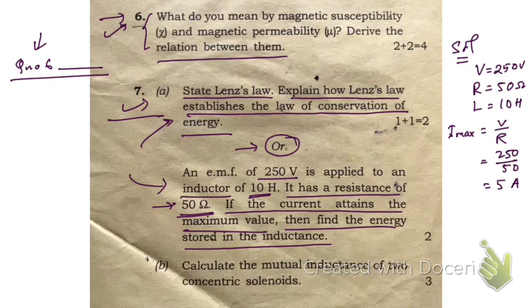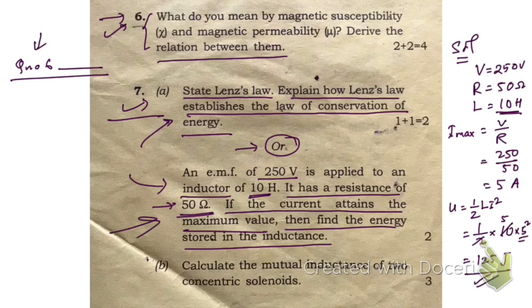And the energy stored by an inductor is given by U is equal to half L I square. So half, inductance is 10 Henry, I square is 5 square, so here it's going to be 125 joule, because 2 cancels, 10 gives 5, 5 square is 25, 5 into 25 is 125. That is your answer to this numerical. Hope you have understood this.